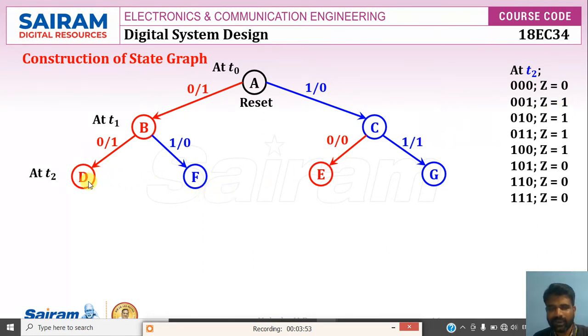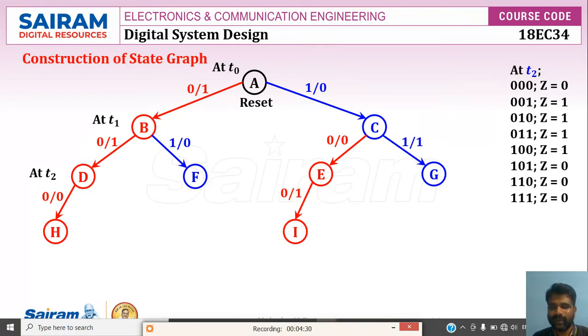At D, if we received 0, let it go to new state H, and the received sequence is 0 0 0. For 000, output should be 0. That is why we made output 0 here. And at E, if 0 is received, the total received sequence is 0 0 1. For 0 0 1, output should be 1. That is why output is 1 here.